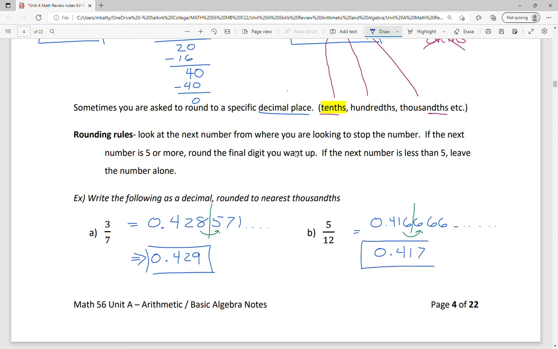So 0.417 would be that value written as a decimal and rounded.